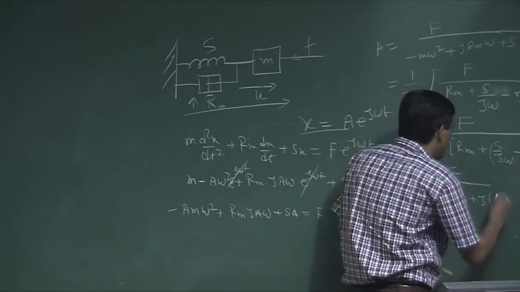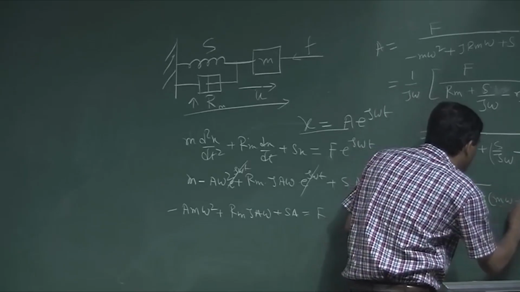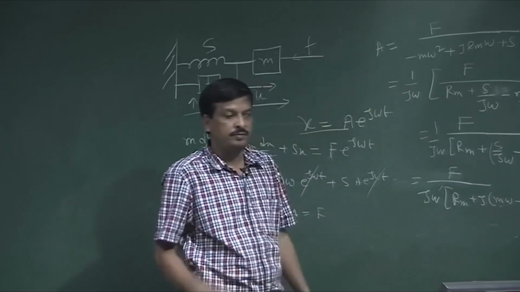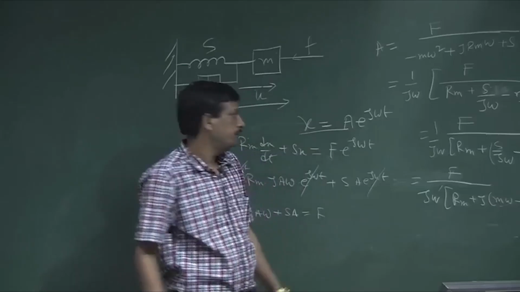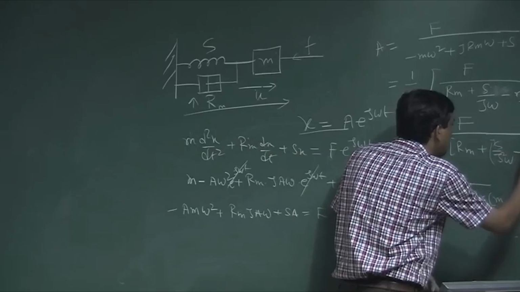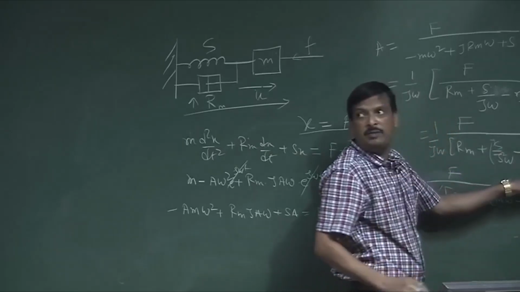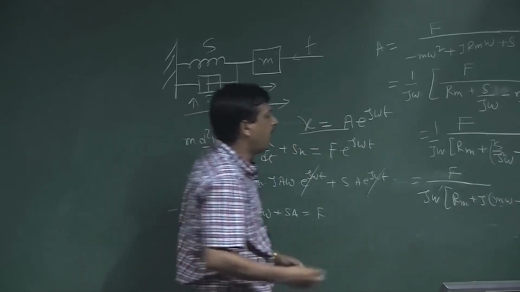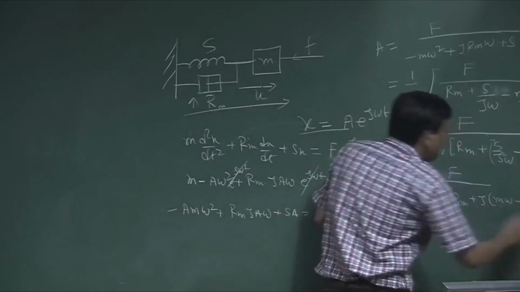So it is m omega minus s by omega, multiplying j up and j square, which is minus 1. So it is f by j omega, r m plus j omega into m.